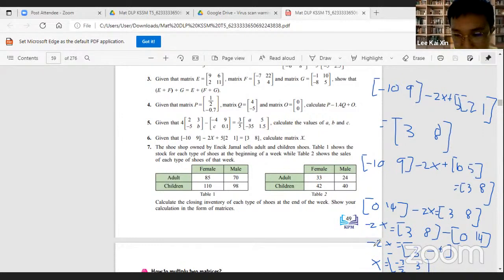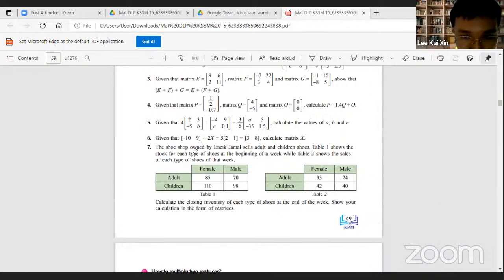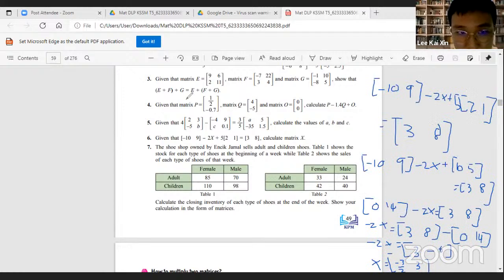Because negative 6 divided by negative 2, we will get 3. Okay, for question 6, we are done. We've just done the working for question 6.